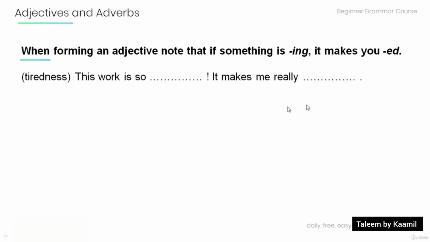Read the following sentence and fill in the blanks using the appropriate form of the following adjective: tiredness. This work is so, it makes me really. This work is so tiring. It makes me feel tired.